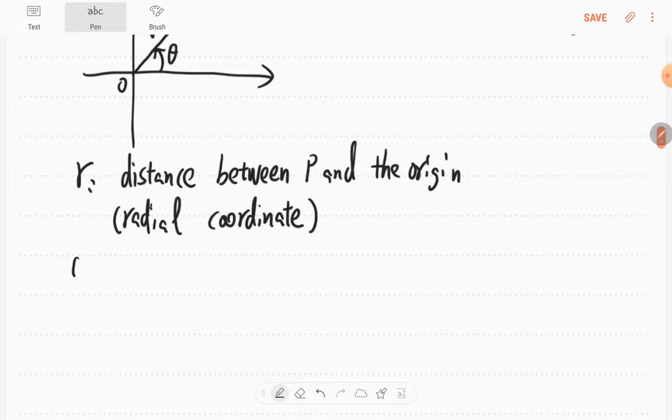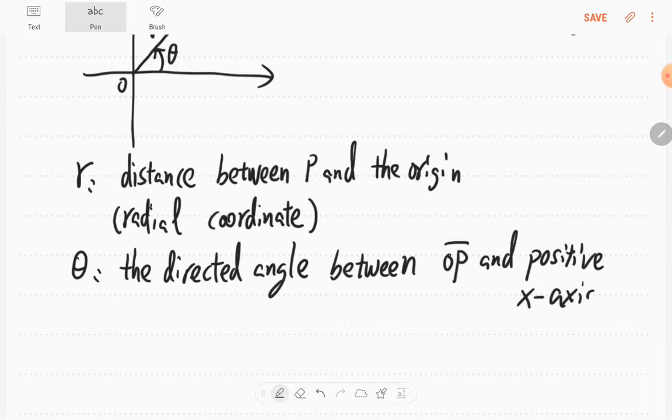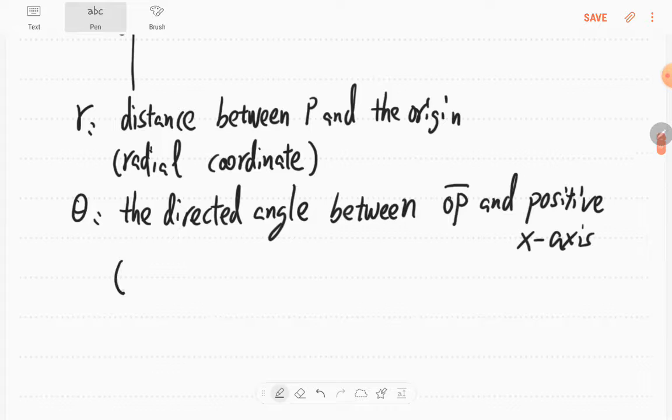And theta is called the directed angle between the line segment OP and the positive x-axis. This theta is called the angular coordinate.